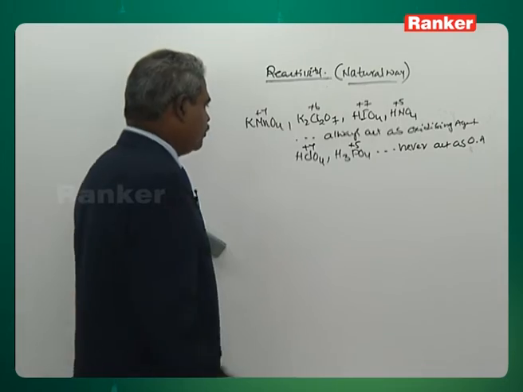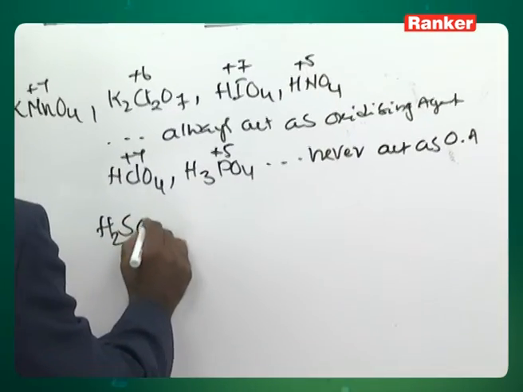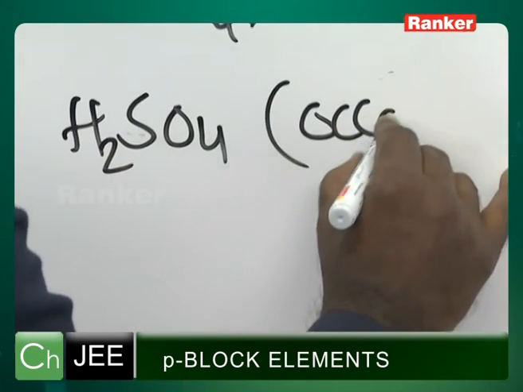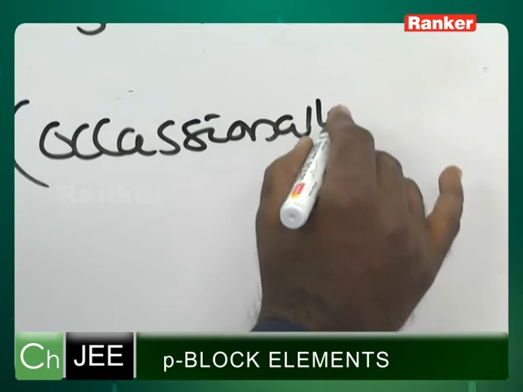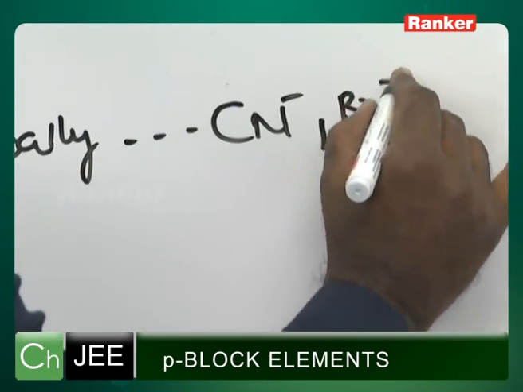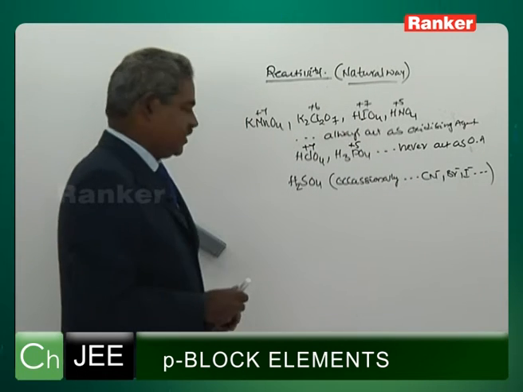I don't want to use that word. Never acts as. H2SO4 rarely acts as an oxidizing agent. Occasionally it acts as an oxidizing agent against cyanide, bromide, iodide. Against these three, it will act as an oxidizing agent.